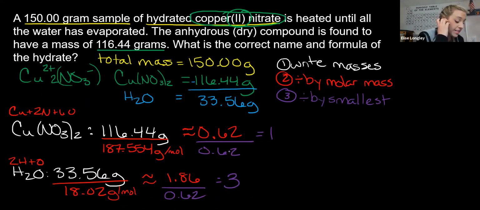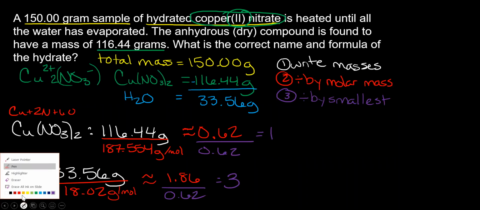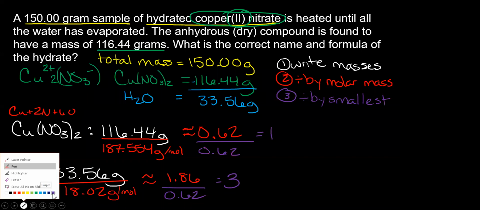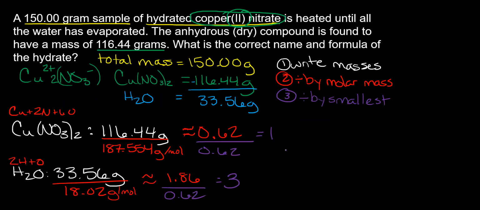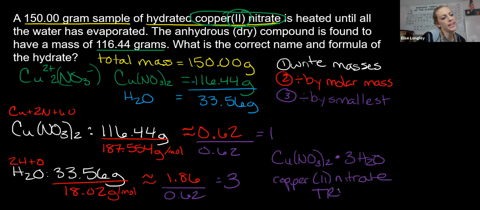So last but not least, what does this formula look like? It would be the copper 2 nitrate and then 3 waters. So that would be trihydrate. Perfect. You got all the way there. Yes, we do our little weird multiplication dot, 3H2O, and this is copper 2 nitrate trihydrate. I only capitalized it so it stuck out.